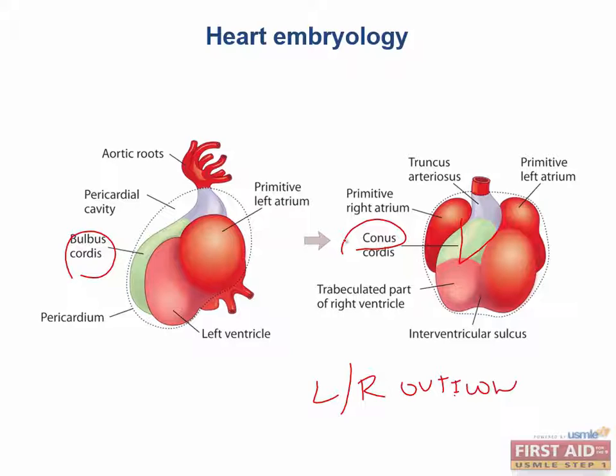It will directly feed blood into the truncus arteriosus, and a cone is a very smooth structure. It will create very laminar flow, and we want that for it to flow out of the truncus arteriosus, which will split into the pulmonary and aortic trunks. It should make sense that this conically shaped conus cordis is going to form the smooth parts of the left and the right ventricular outflow tracts.